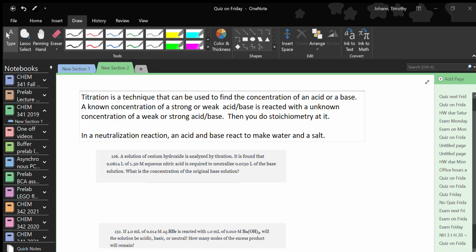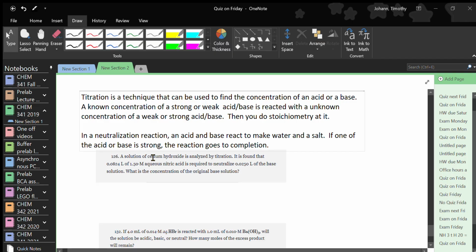Okay, and then the other thing to say is that if one of those acids and bases is strong, the reaction goes to completion. Okay? All right, if both are strong, it also goes to completion.